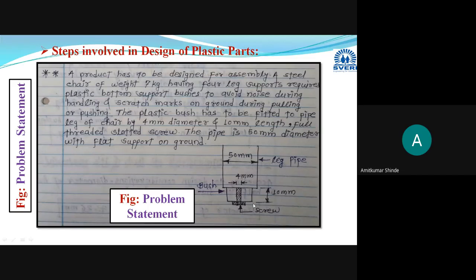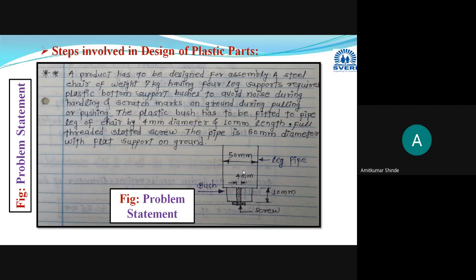The plastic bush has to be fitted to the pipe leg of the chair by a 4 millimeter diameter and 10 millimeter length full threaded slotted screw. With the help of this screw, we are going to attach that bush to the leg of that chair. For all four legs, you have to provide four bushes with boss.